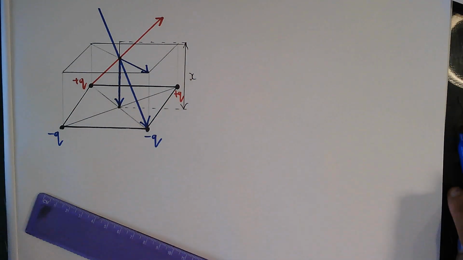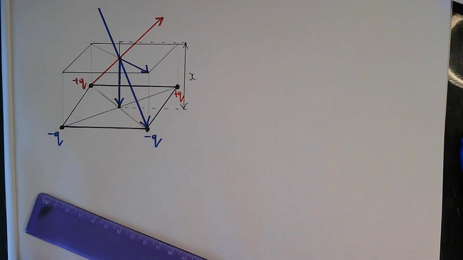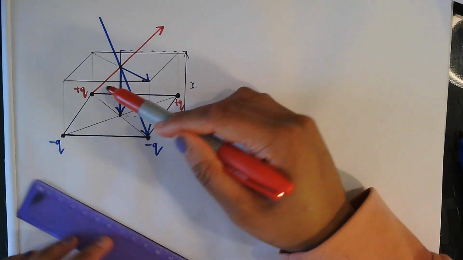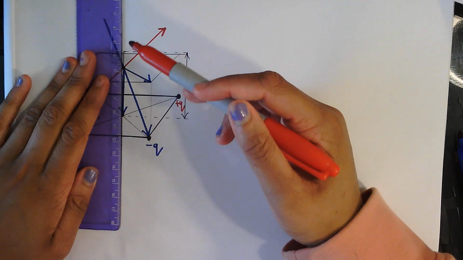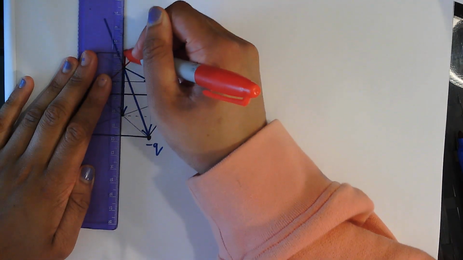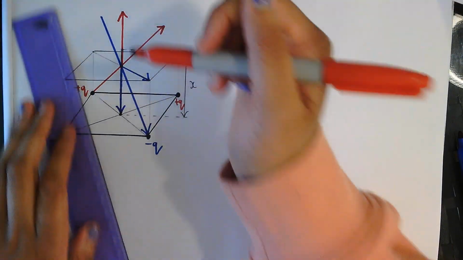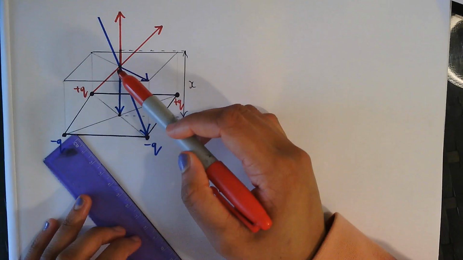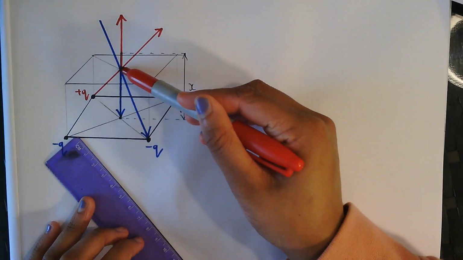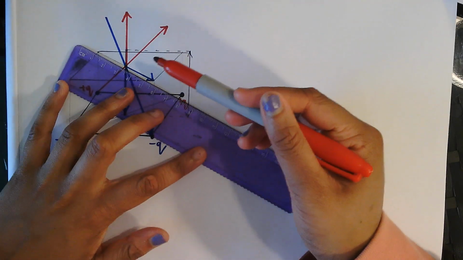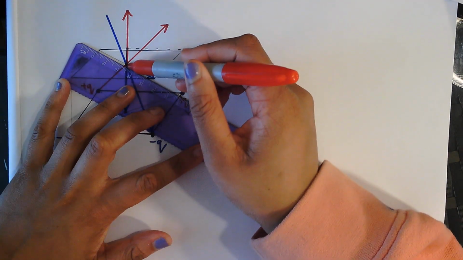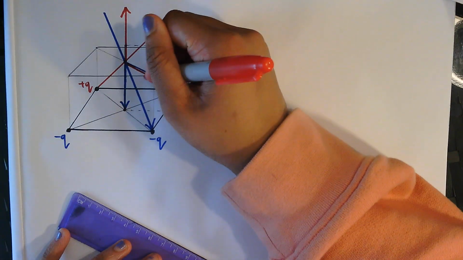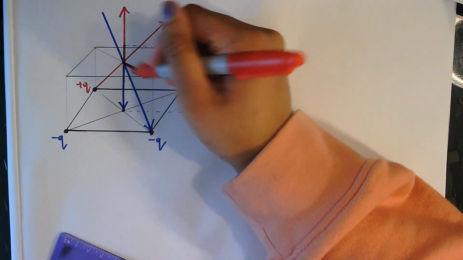And similarly, if I do the same for the positive charge's electric field, its vertical component is going to go upwards, and its other component on this plane is actually going to be in the same direction as this component. So I draw it like that. They're kind of on top of each other, but that's because they're in the same direction.